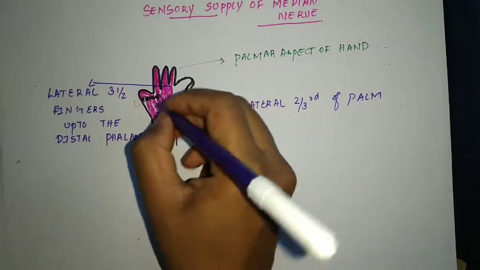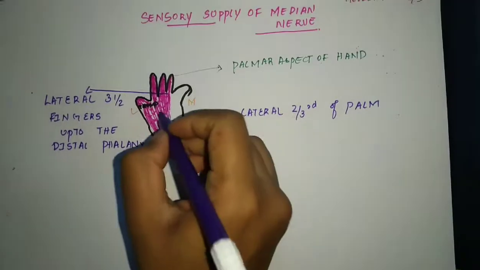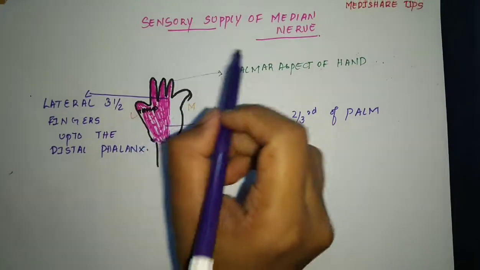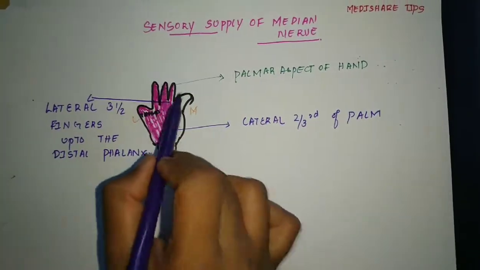So the skin of the thenar eminence, including the lateral two-thirds of the palm, plus the lateral 3.5 fingers up to the distal phalanx, is supplied by the sensory branch of the median nerve.